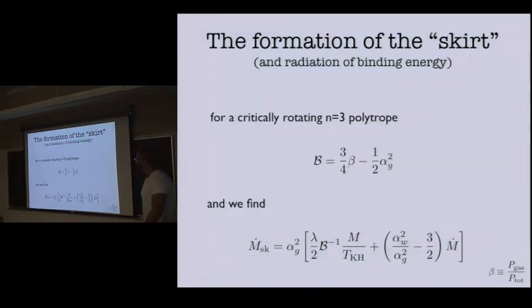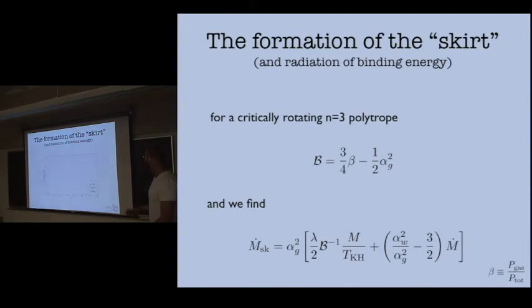And so for a critically rotating n equals 3 polytrope, which is how we modeled the star, large B takes this form, and we find that the equator will be ejected at a rate equal to this formula. Note that the condition for the equator being unbound is due to the fact that m dot is defined to be negative. It's the mass loss of the star. So the condition is that this term is larger than this.